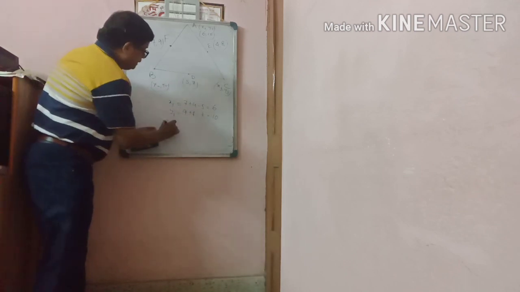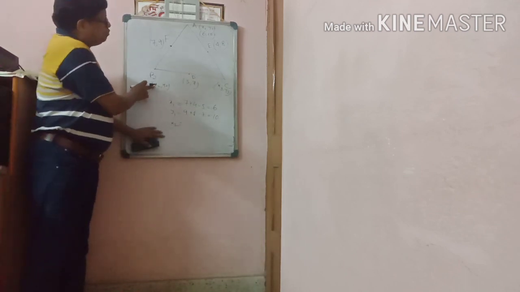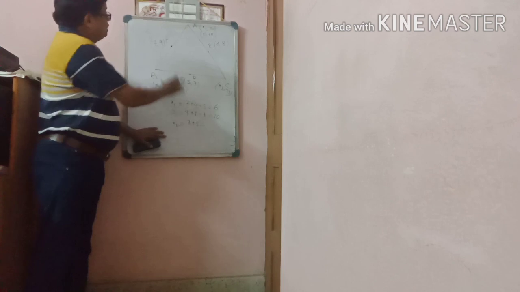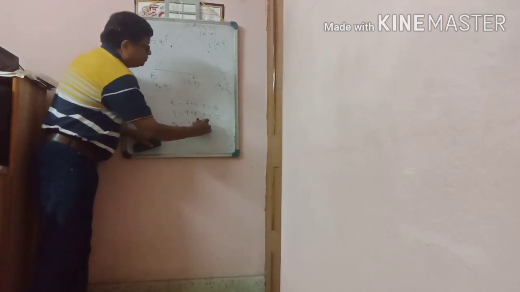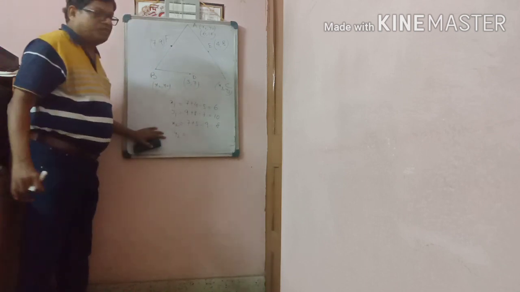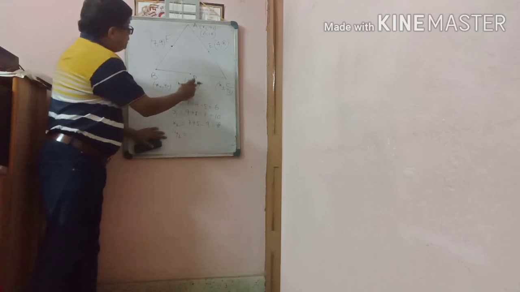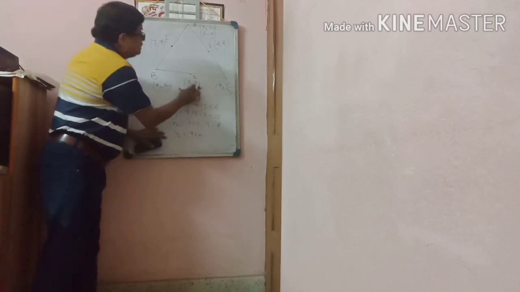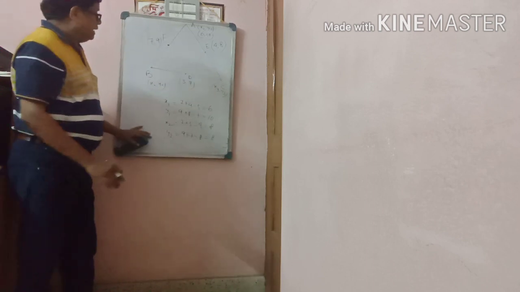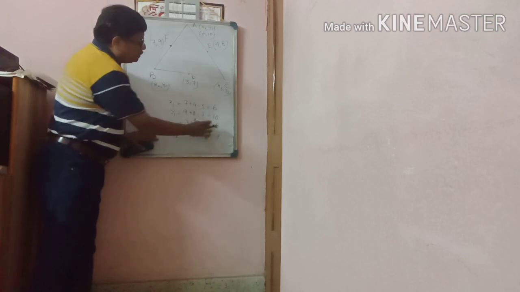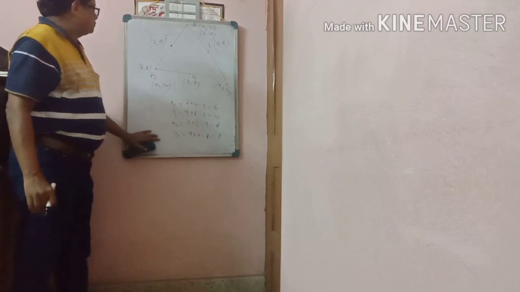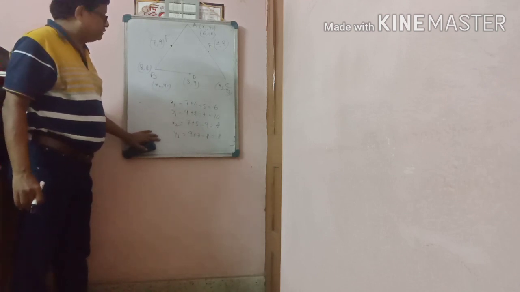Similarly, x2 equals 7 plus 5 minus 4, which is 8. And y2 equals 9 plus 7 minus 8, which is 8. So you will get (8, 8).